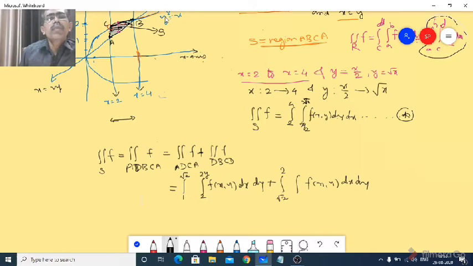On this parabola x is y square, so the lower limit is y square. The right end lies on that line, on this line x is 2y. Okay, x is 2y.